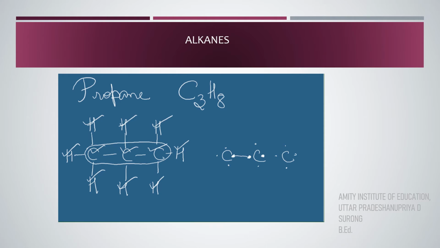Similarly, one of the valence electrons of the middle carbon atom bonds with one of the valence electrons in the right carbon atom, and the remaining valence electrons of carbon bond with the valence electron of hydrogen atom, to complete its octet or noble gas configuration. So this is how we get the structure of propane as well as the formula for propane, that is C3H8.